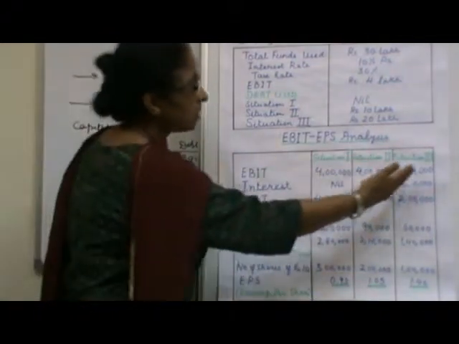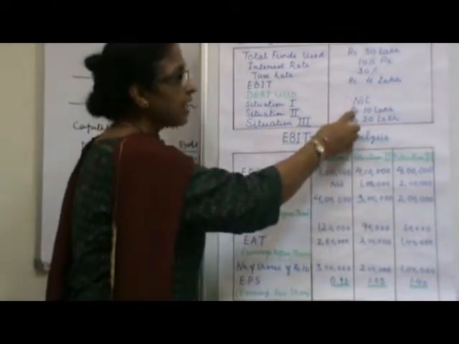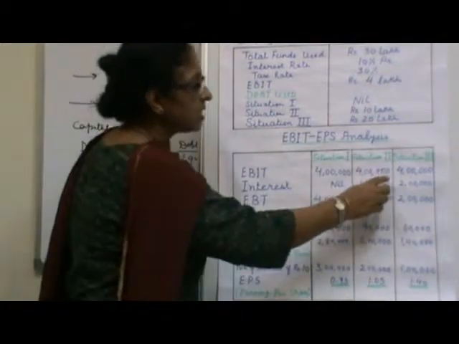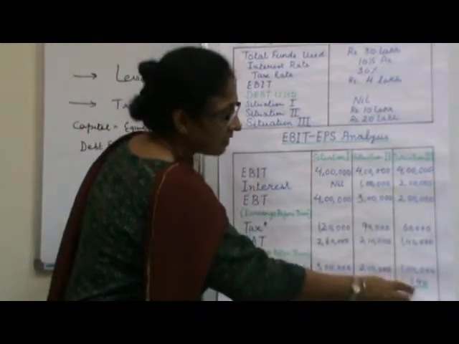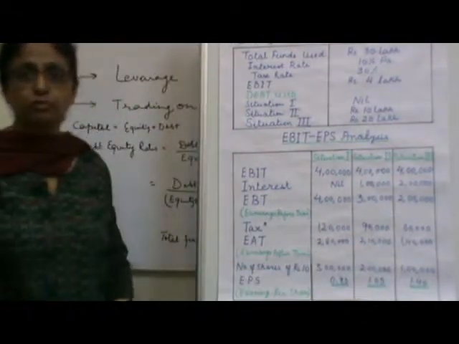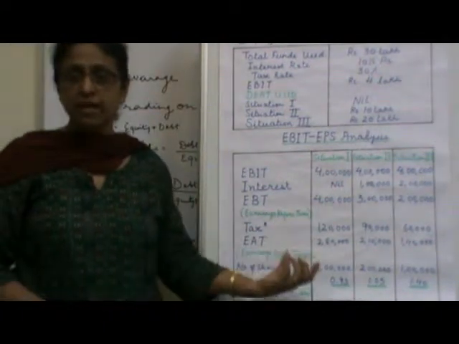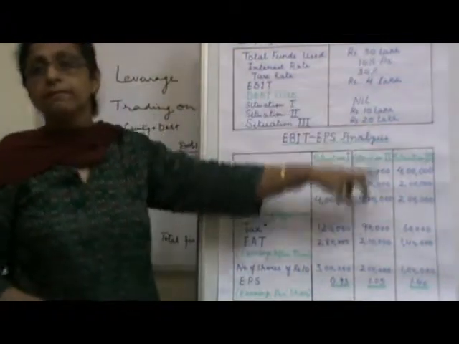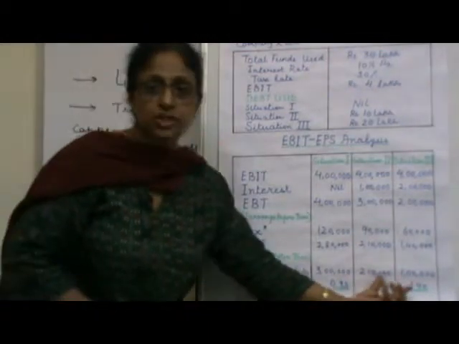The same applies in scenario three, when we are employing more debt: instead of 10 lakhs, we are now employing debt of 20 lakhs. We are paying interest of 2 lakhs here, and as these calculations are done, we reach an earning per share of 1.40, which shows we are employing a cheaper source of finance, which is debt at 10%. There is financial leverage, and we are increasing earning per share.